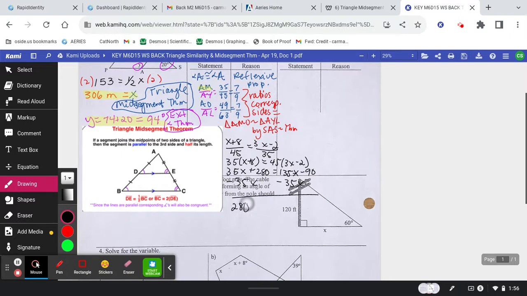I'm going to get 280 equals 100x minus 90. Add 90 to both sides. Okay, 270 divided by 100 was 2.7.